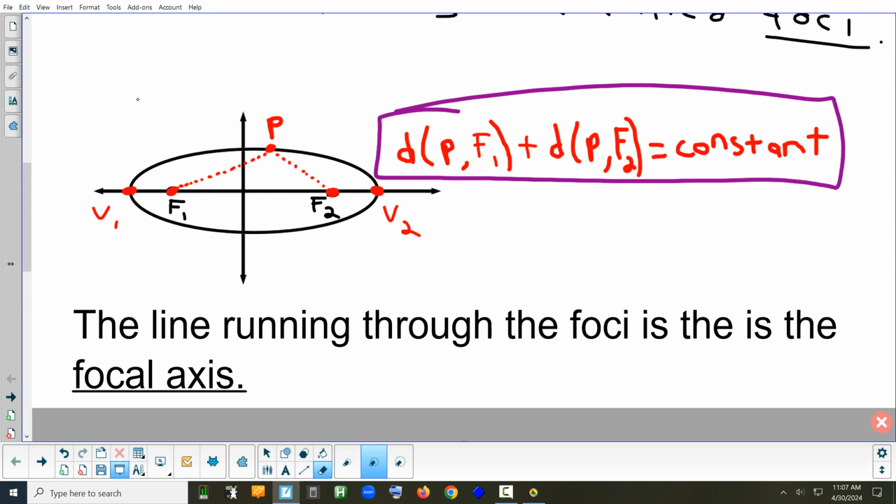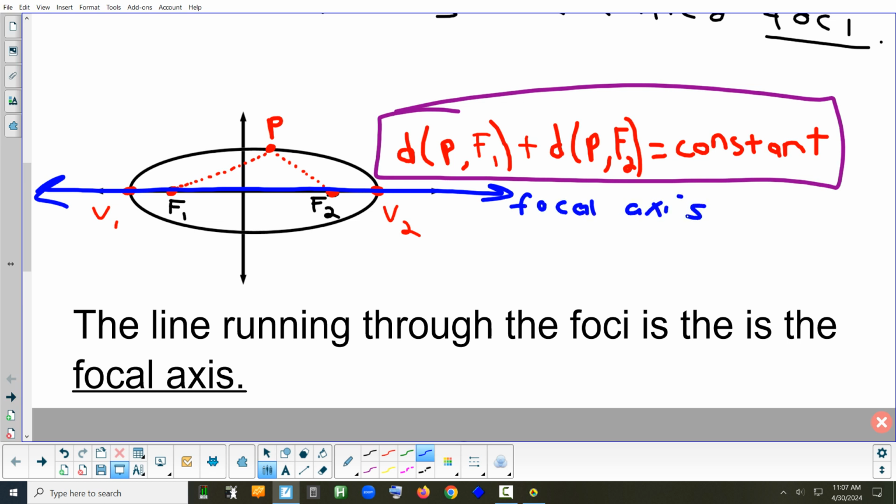So if you draw a line going through the foci, that is called the focal axis. I'll do that in blue. Okay, that's the focal axis. So that's a new term. We didn't have anything like that with parabolas.